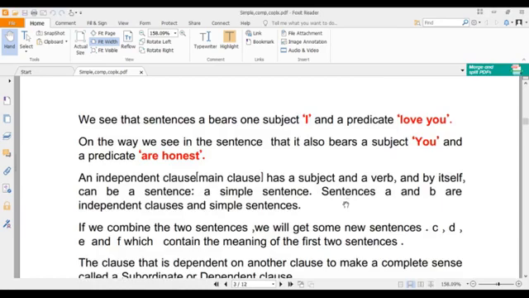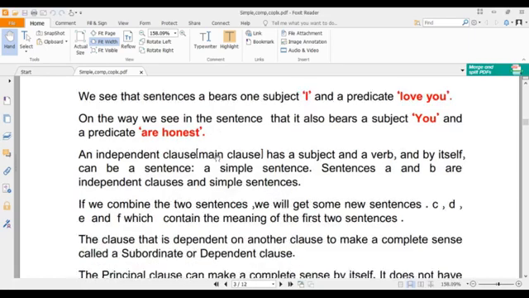At the time of discussion of the sentences, I have told you something, and you can take some help from the text. We see the sentence has one subject, I, and a predicate, I love you. On the other hand, we see the other sentence also bears a subject, you, and a predicate, are honest.